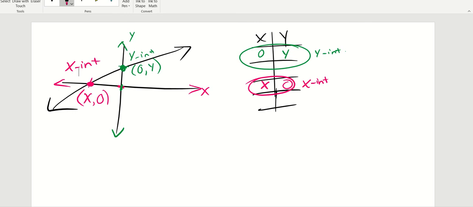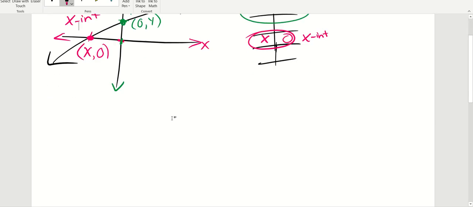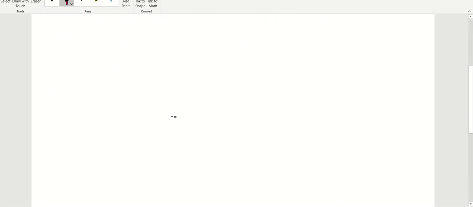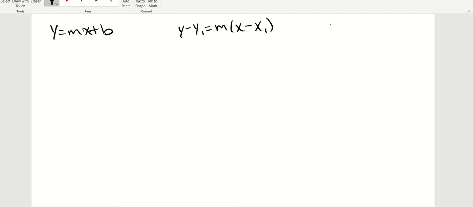Now it gets a little bit challenging when you're given equations because based on the different forms that we have explored. We have the y equals mx plus b form. We have the point slope form. And we have the standard form.